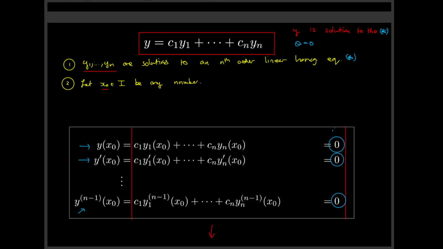So that has a very important consequence by existence and uniqueness, because we know that for an initial value problem there's only one solution. So this means that the whole function y has to be the 0 function.